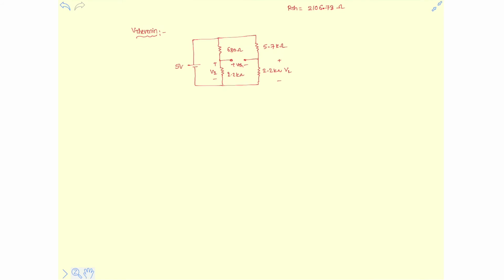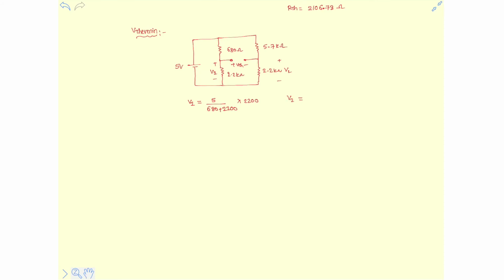So by the voltage division method, we can simply write V1 as 5 over 680 plus 2.2 kilo ohm, which is 2200, multiplied with 2200.